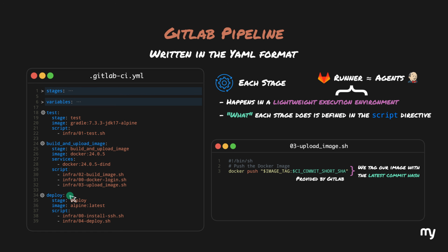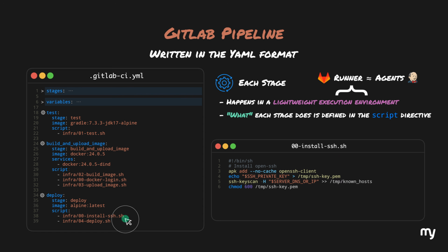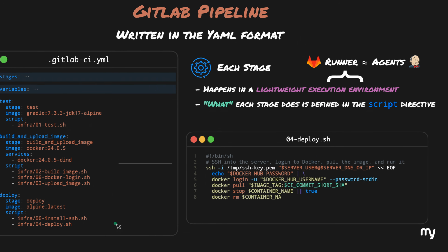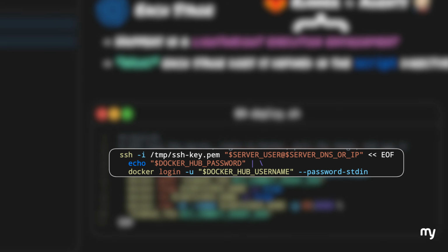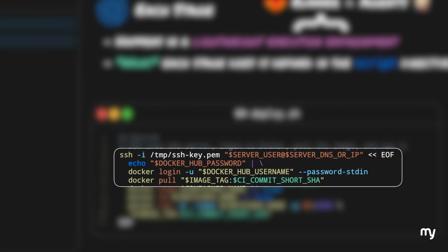In the next stage, we want to log into our remote server using SSH, so first we need to make sure that the SSH command line is installed on our lightweight Linux. Next, we use this command line to log in to our production server. Once logged in, we log on to our account in Docker Hub, pull the image, and then run it.